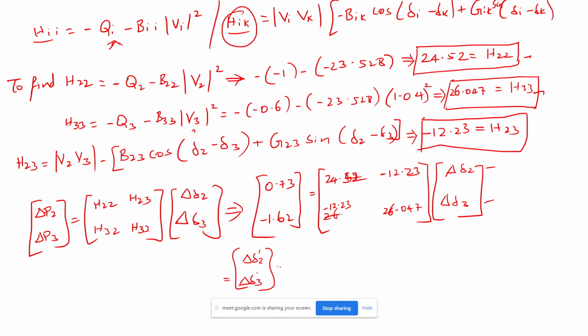So we take the inverse of this matrix: 24.52 minus 12.23 minus 12.23, and then 26.047, and multiply it with 0.73 and then minus 1.63.